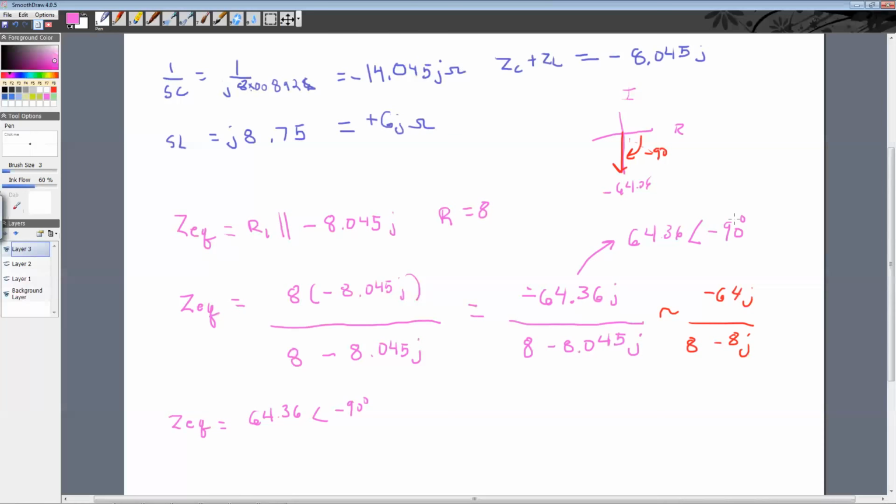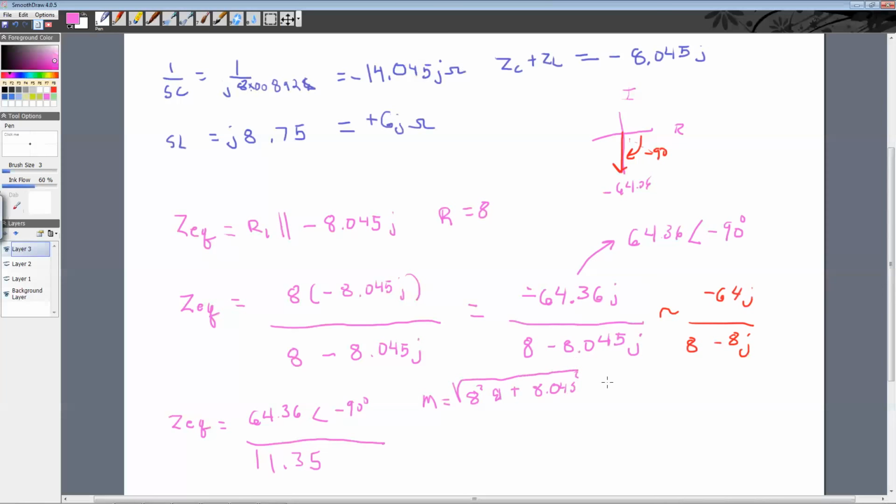Let me just hold on. 8 squared plus 8.045 squared. So the magnitude of this is 11.35, right? Because the magnitude would be equal to the square root of 8 squared plus 8.045 squared.